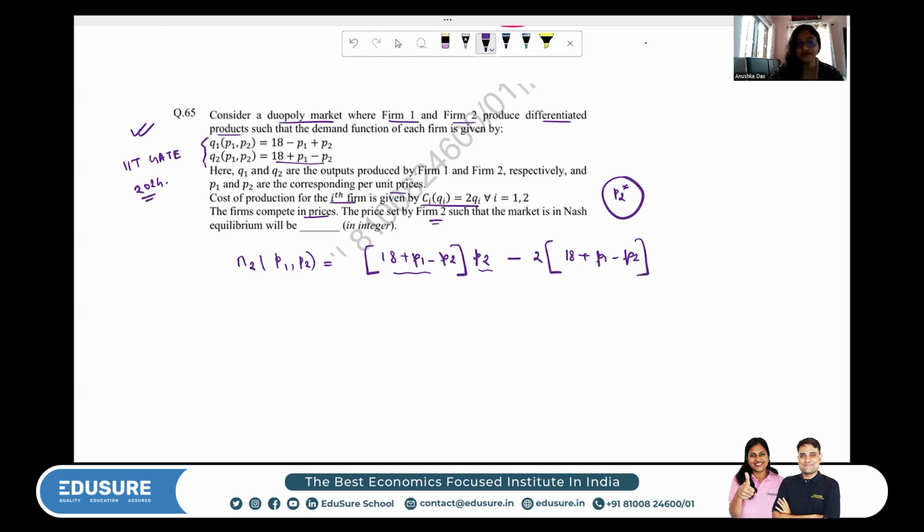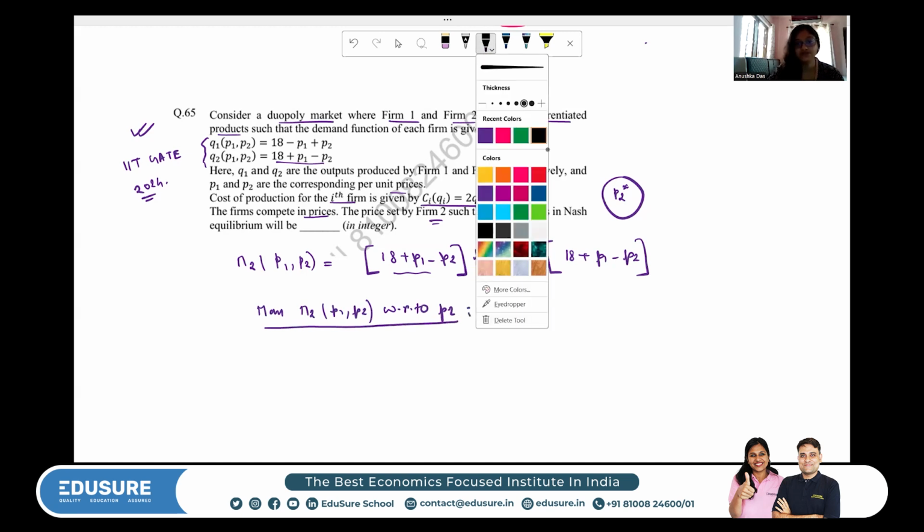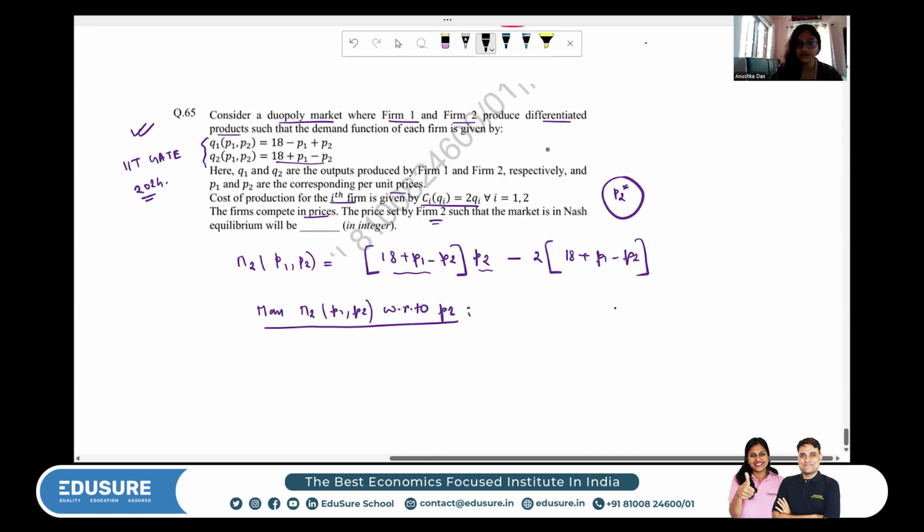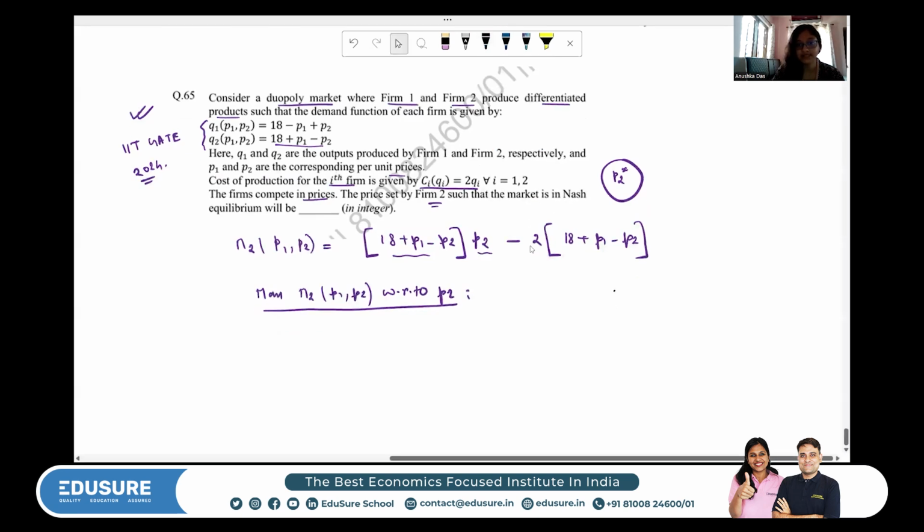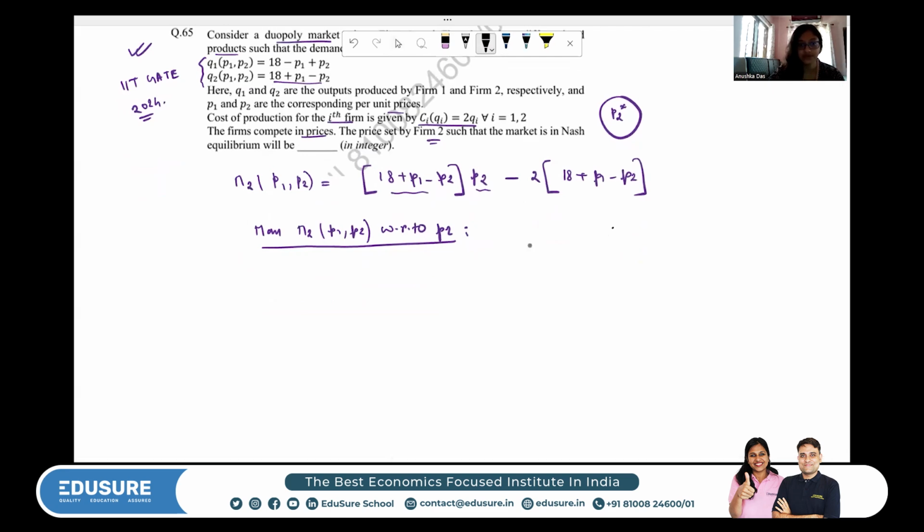And what will firm 2 do? It will maximize pi 2 with respect to P2. Firm 2 will maximize the profit of its own firm with respect to the price it's charging per unit of output.